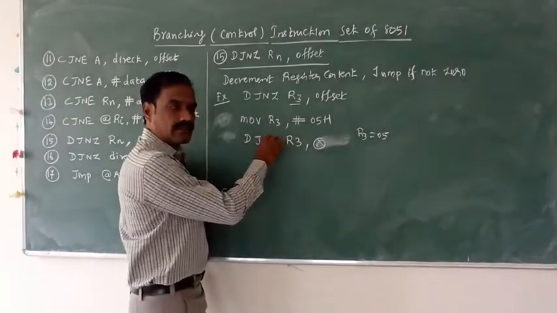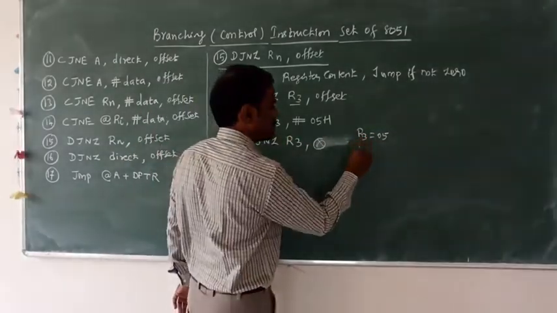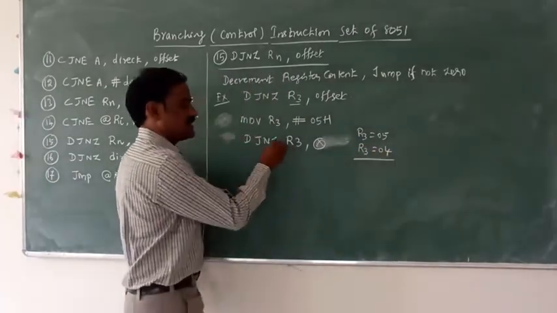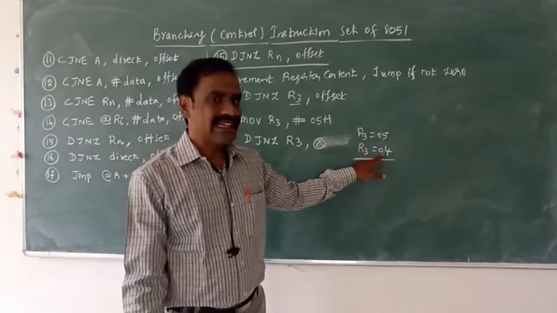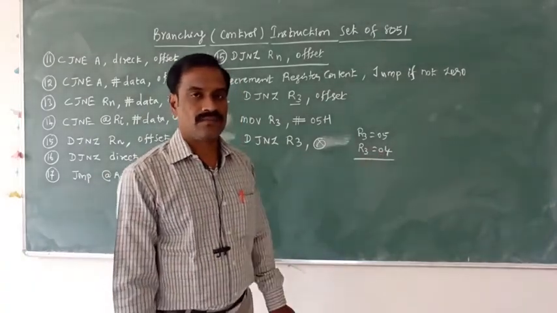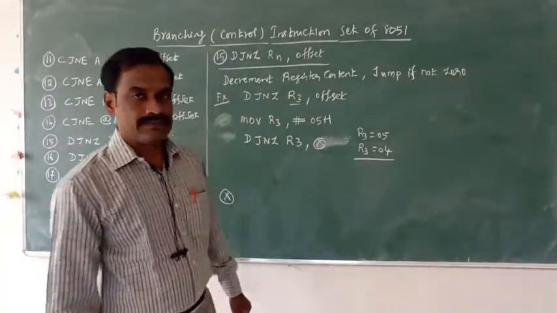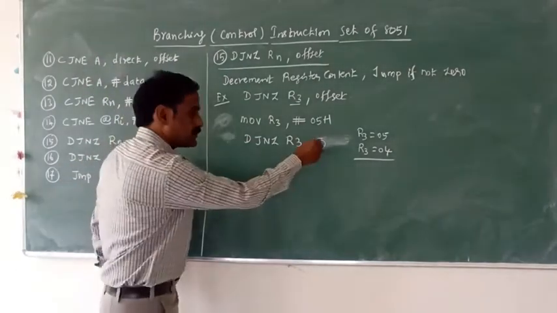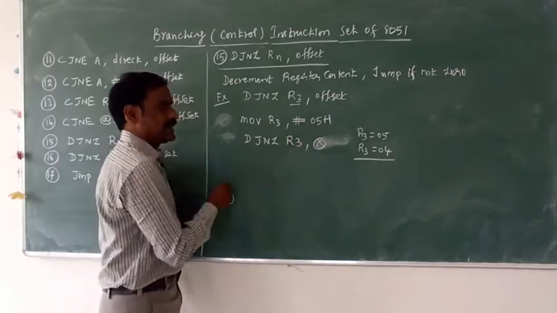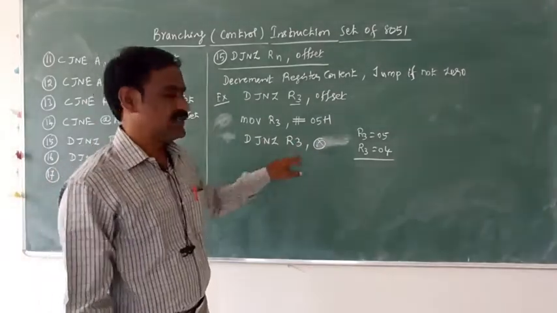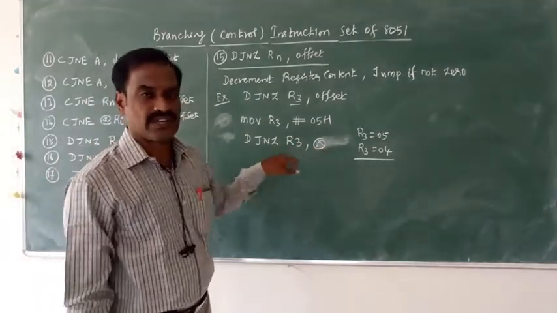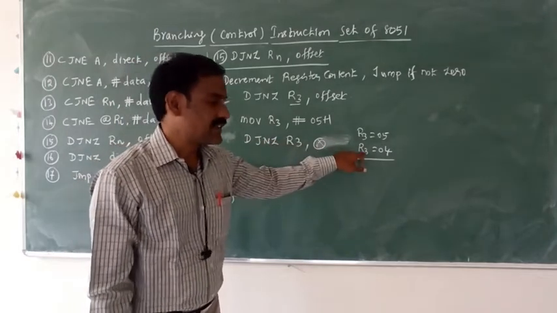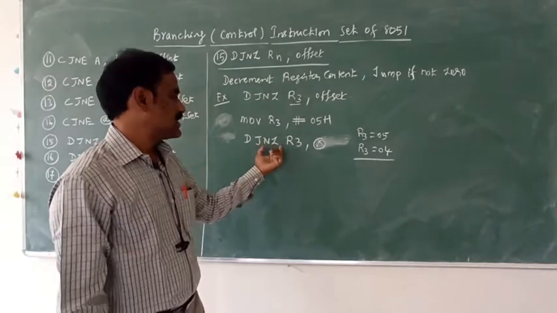After this it will decrement the register content to 04. Now this result will be checked for whether register R3 is 0 or not. Not 0 means this condition will be satisfied and it jumps to the given memory address location. Suppose this condition is satisfied. Okay, now decrement.